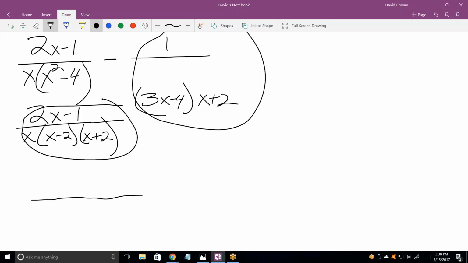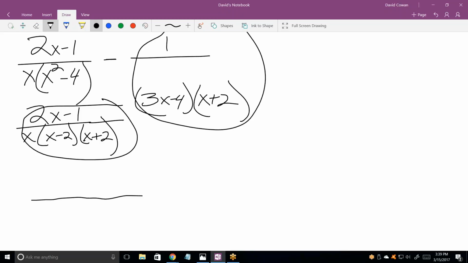Sorry, I was writing on my paper too. So the greatest common factor, would you... Well, we're looking for the least common denominator. Least common denominator. Yeah, because I'm subtracting two fractions. They both have different denominators. So in order to subtract them, I need to come up with a least common denominator.